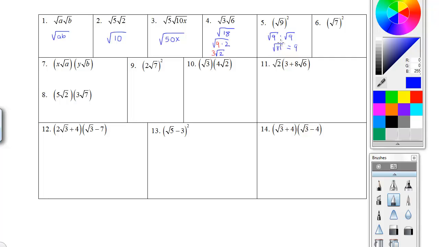That's one way. Or you could have just figured out that the square root of 9 is just 3, because 9 is a square number, so the square root of 9 is just 3, and then if you square that, 3 squared gets you back to 9. So two options of doing number 5, either one is perfectly fine.